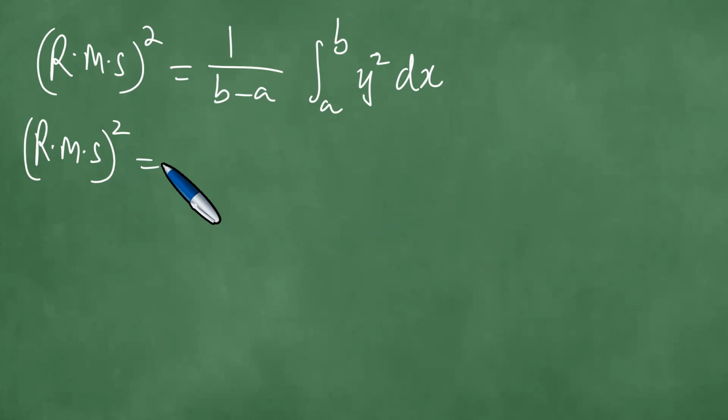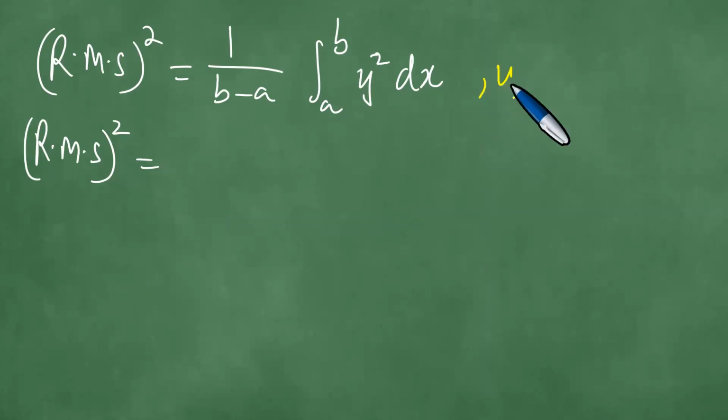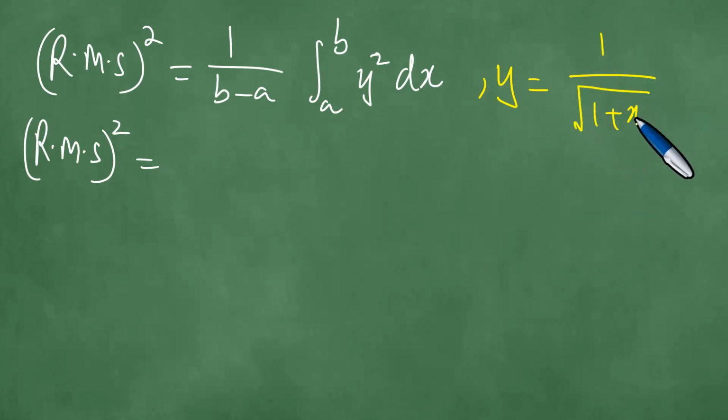Okay, there's something I'm going to mention just now here, and so is to consider the fact that the function y is actually equal to 1 over the square root of 1 plus x squared.